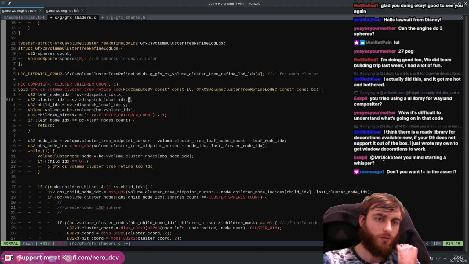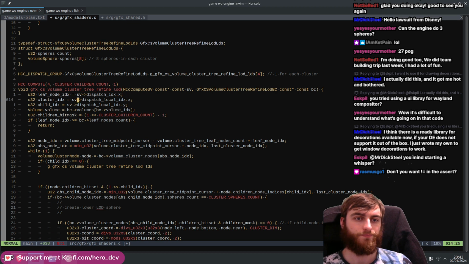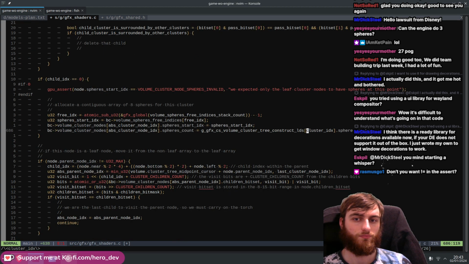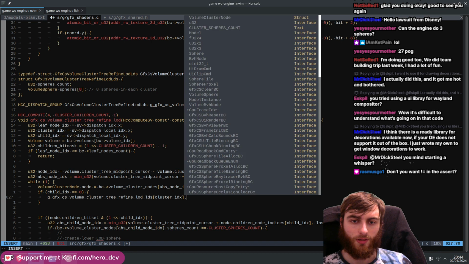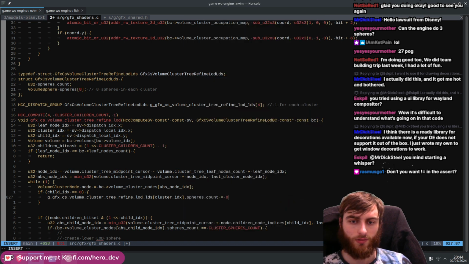Something like that. So you'll be like cluster index dot spheres count equals 0. So you zero initialize all that.